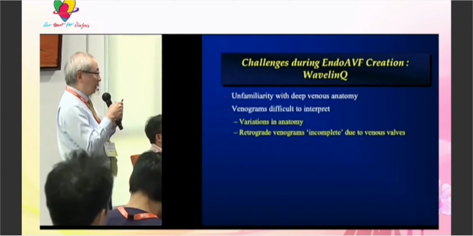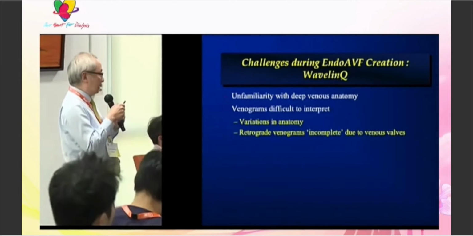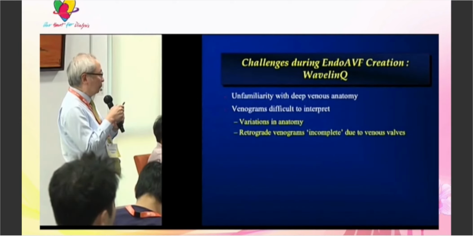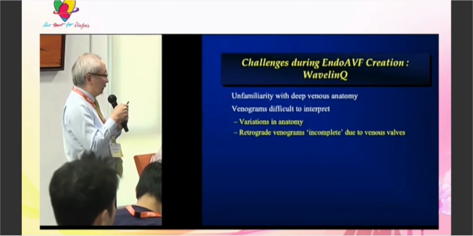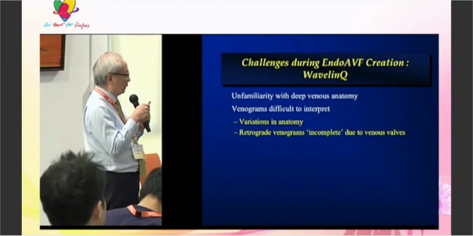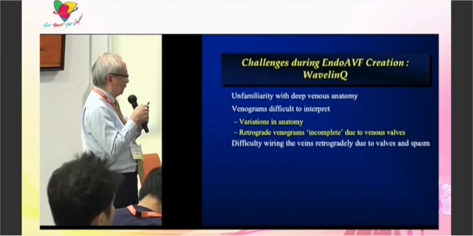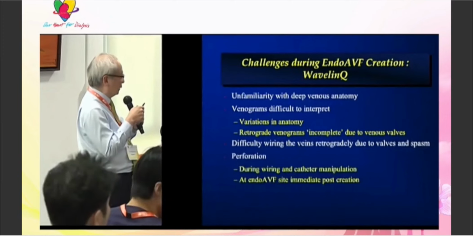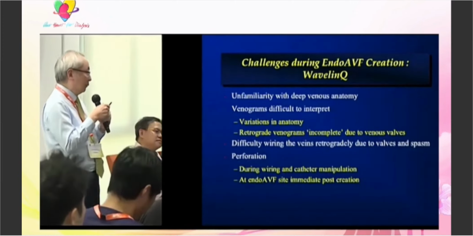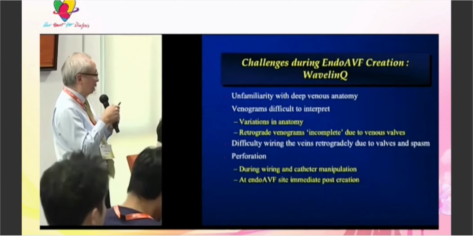But when it comes to the deep veins, it's quite challenging, and venous anatomy is more variable. And for retrograde venograms, because of the venous valves, a lot of the time they appear incomplete. The valves also make wiring difficult, and the veins can get into spasm quite easily. And when the vessel is small, you can perforate with your guide wire.